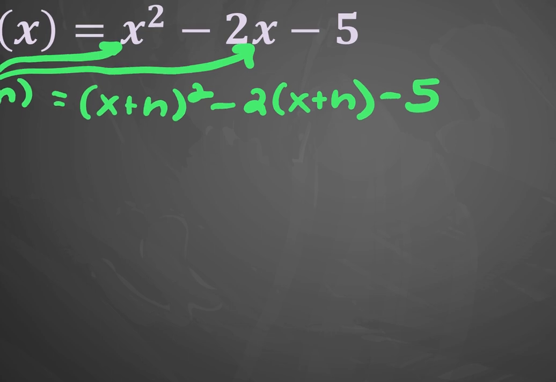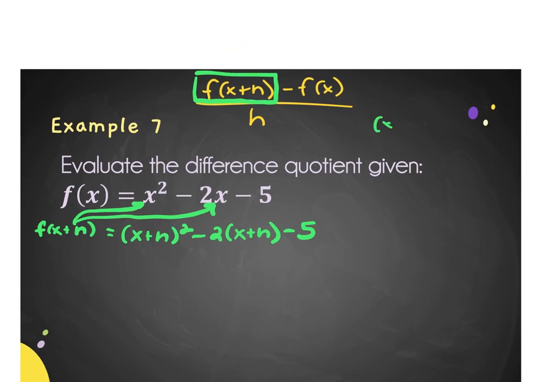So one option is expand and FOIL x plus h times x plus h. A second option is to use your shortcut of the squareds that we talked about yesterday. Square the first, square the last, double the product. And I get x squared plus 2xh plus h squared.